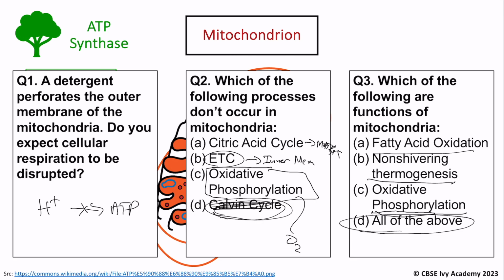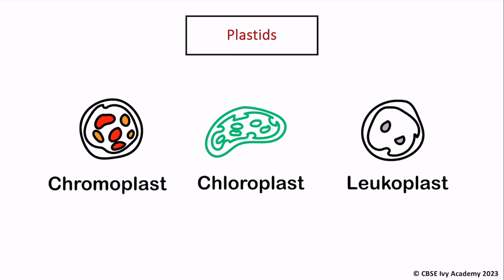All right, the next topic. Plastids. Plastids are membrane-bound organelles found in plant cells. They include chloroplasts, which are involved in photosynthesis. You can also have chromoplasts, which store pigment, like we were saying earlier, maybe to attract pollinators.